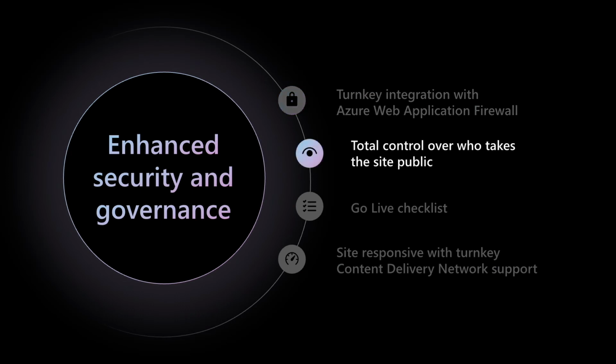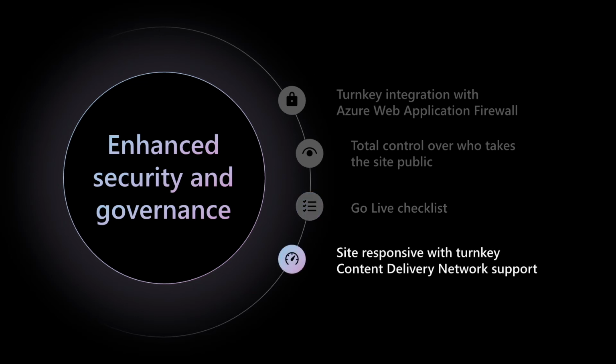It also empowers makers and site admins with controls over who can see the site during development and who can take the site public. A go-live checklist that gives site configuration recommendations before going live. And the ability to improve site responsiveness with support for Content Delivery Network powered by Azure Front Door.